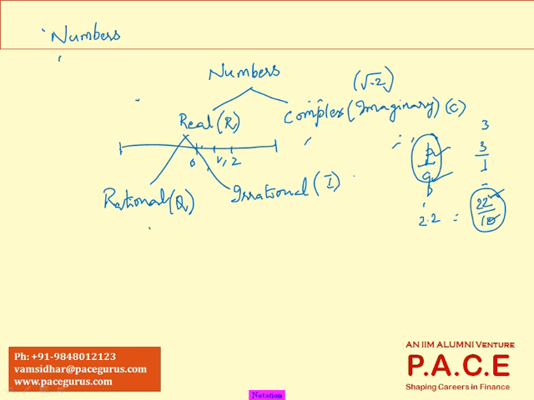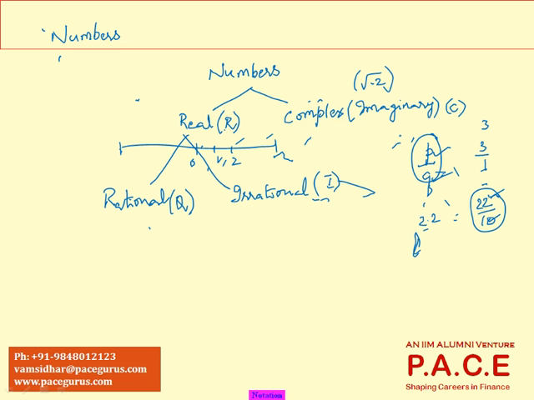So anything which can be expressed in the form of P by Q, where P and Q belong to the world of integers, and Q is not equal to 0, the denominator is not equal to 0, we call such kinds of numbers rational numbers.